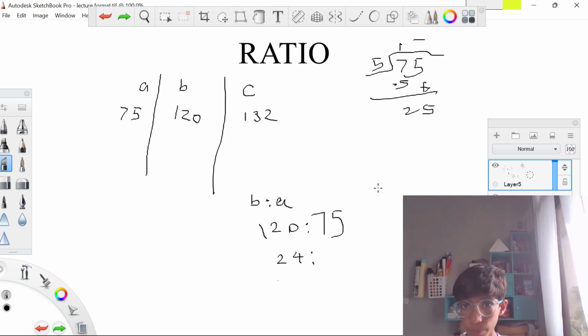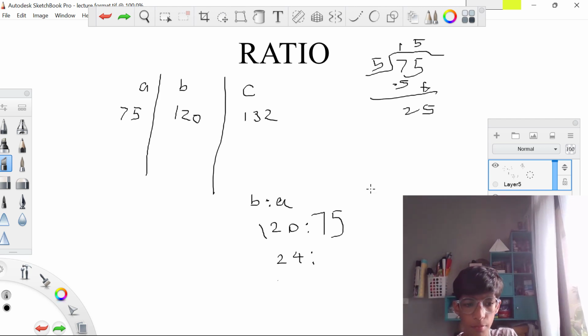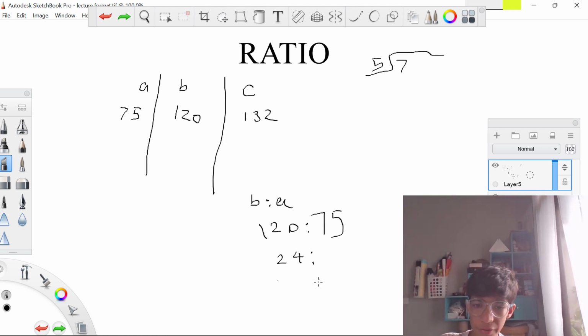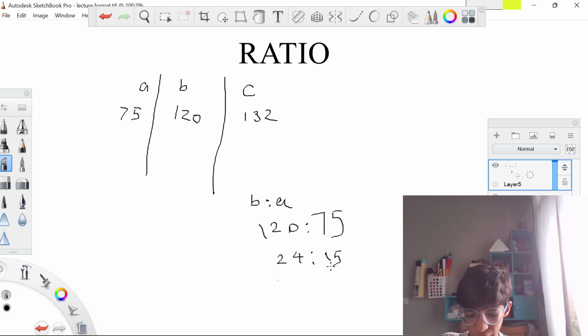So it would be 15. So 15 would come right here, ratio 15.